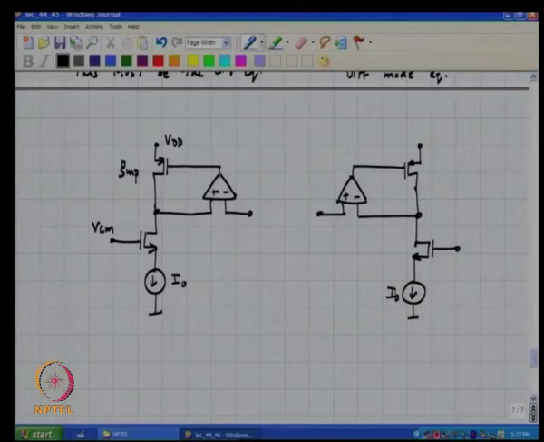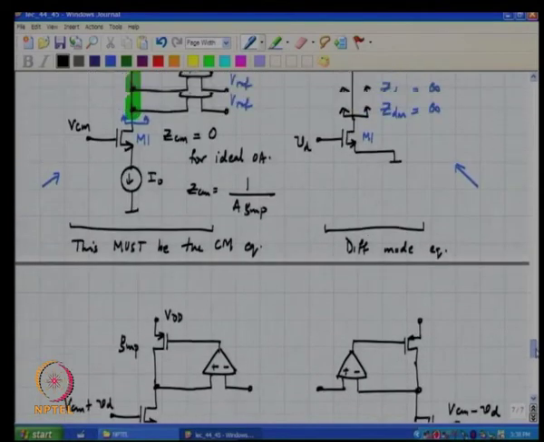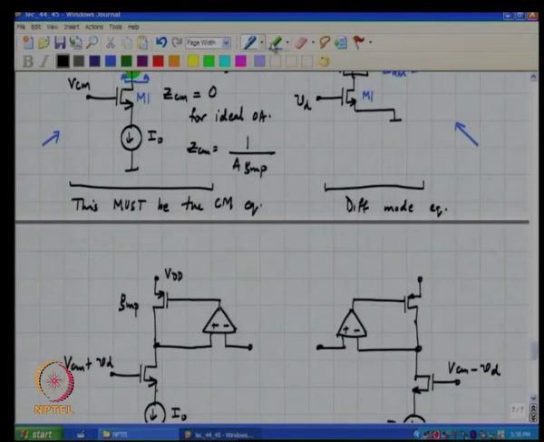All right. Okay, so if this is VCM plus VD, this is VCM minus VD, correct. The source, please recall that in the differential mode equivalent we want the source of this transistor to be grounded.